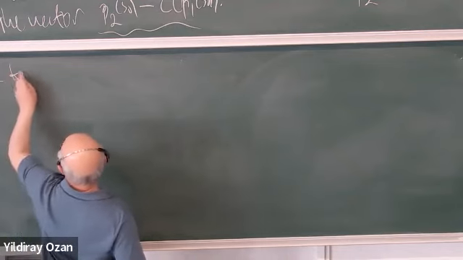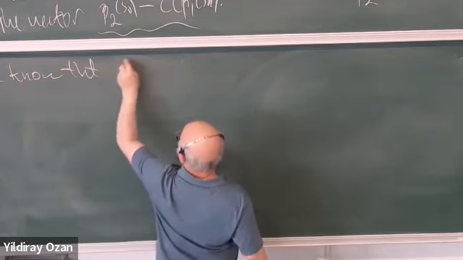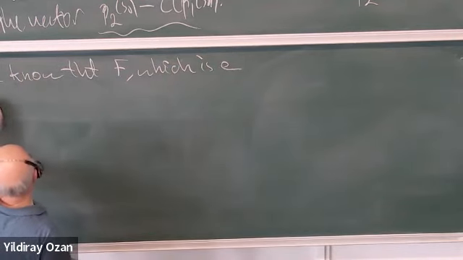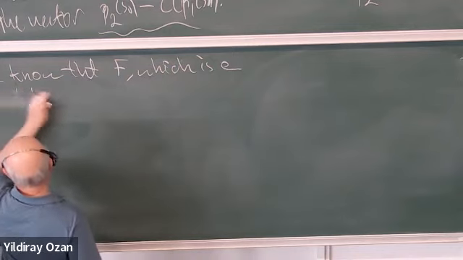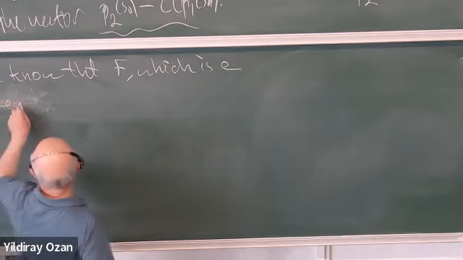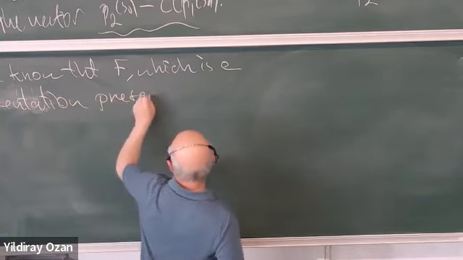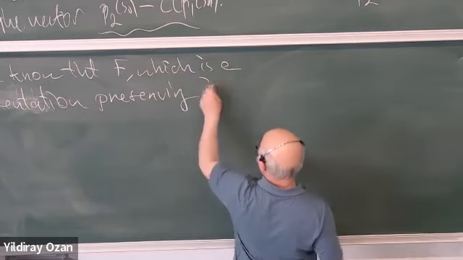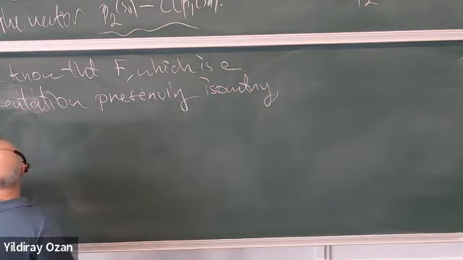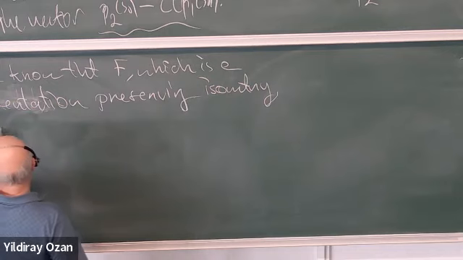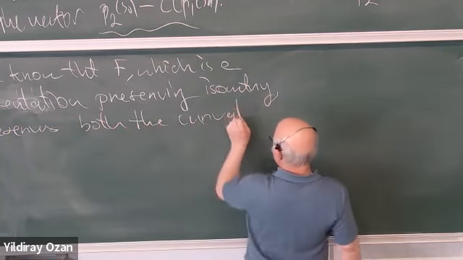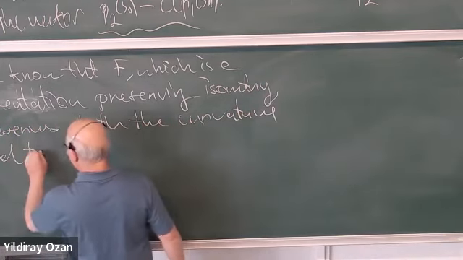We know that F, which is an orientation preserving, positively oriented isometry, preserves both the curvature and torsion functions.